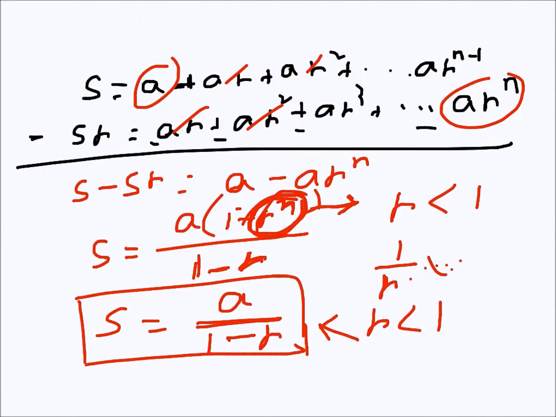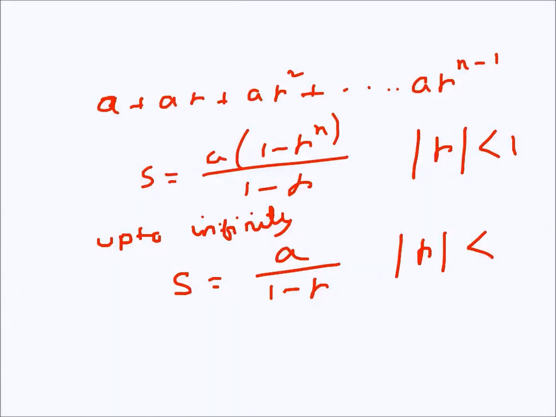So I will do an example maybe later. The magnitude of r has to be less than 1, so basically r has to be less than 1 and also greater than negative 1. So if r is negative, it can be 0.1, 0.5, whatever, negative.